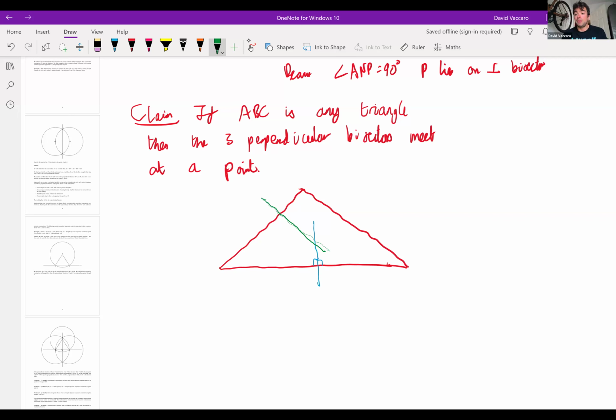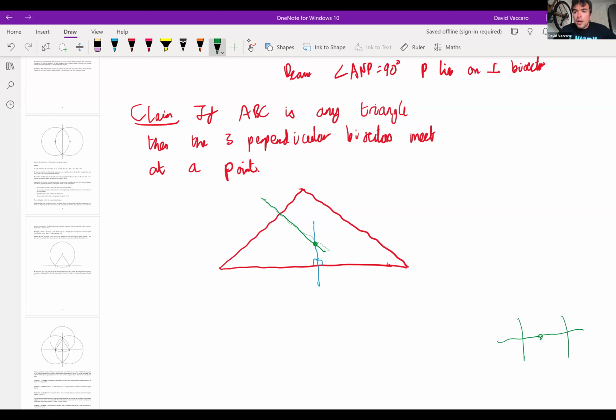Now, these two perpendicular bisectors would only be parallel if the two lines themselves were parallel. But two edges of a triangle can't be parallel because then they wouldn't be different sides of a triangle. If the two sides of a triangle were parallel, they would just be one side. So any two perpendicular bisectors are going to meet at a point.